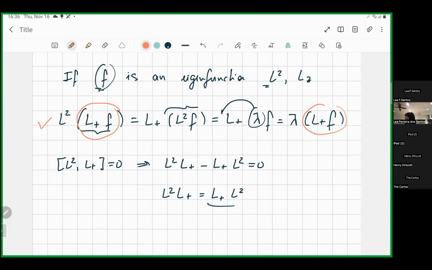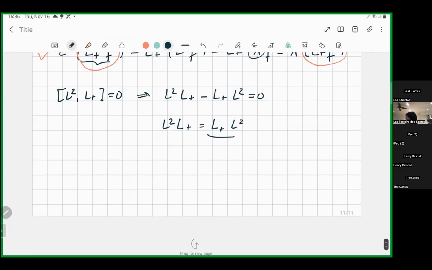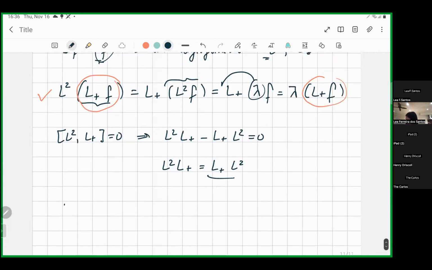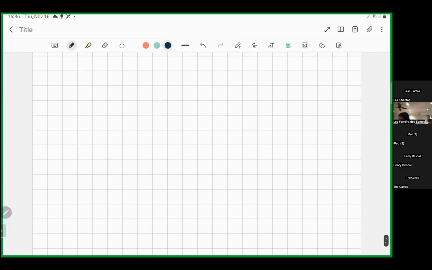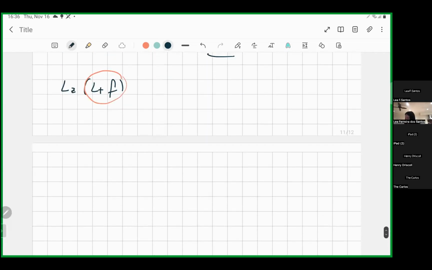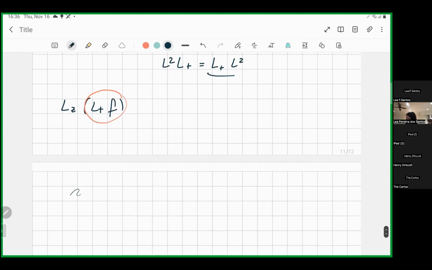Now what we want to show is, how about Lz? Is this L plus F also an eigenfunction of Lz? It should be, and let's check. To do this part now, I'm going to use the commutator between Lz and L plus.